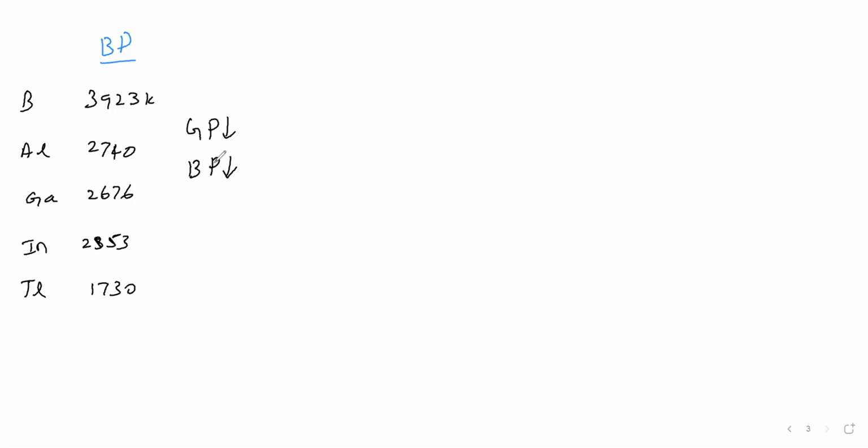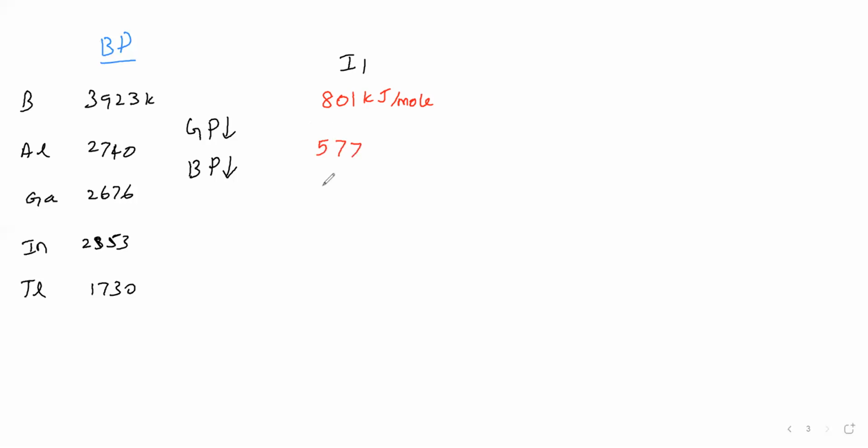Next we will see ionization enthalpy of these elements. First we will take the first ionization energy. For boron it is 801 kilojoule per mole. Aluminum 577.